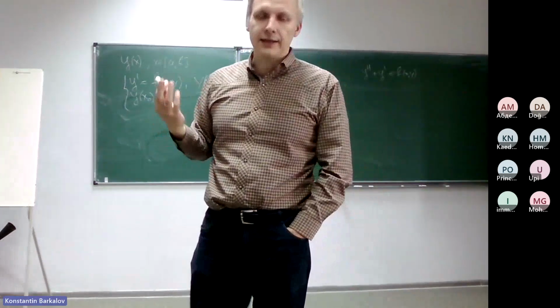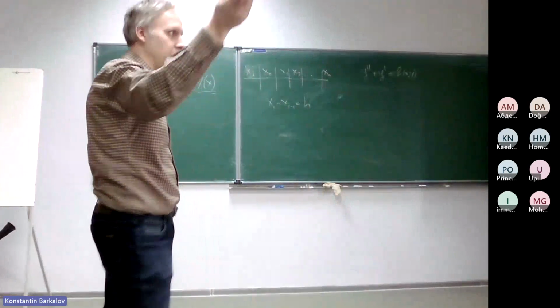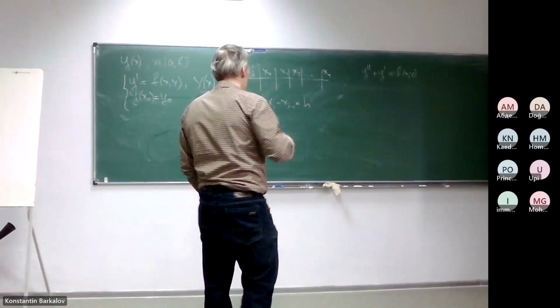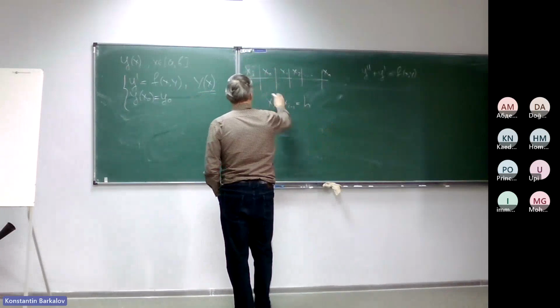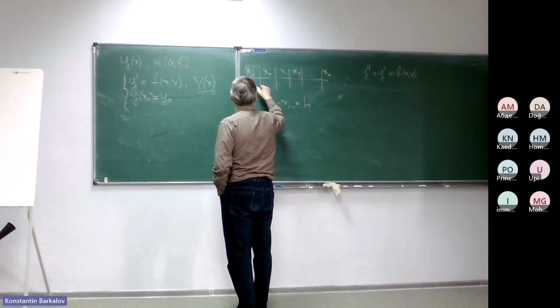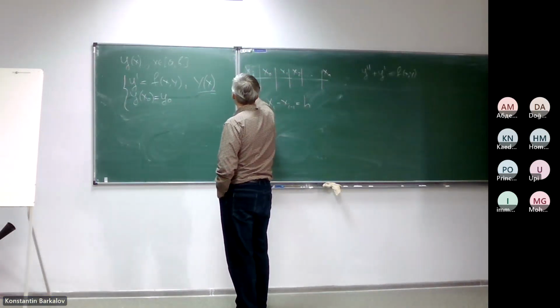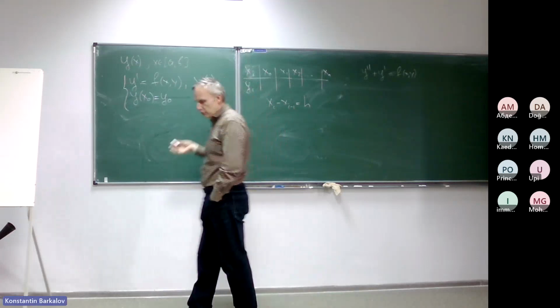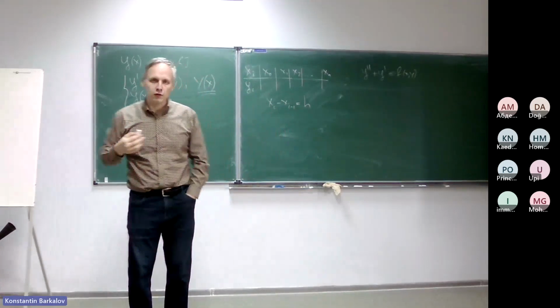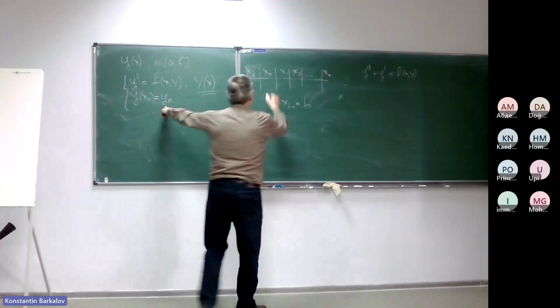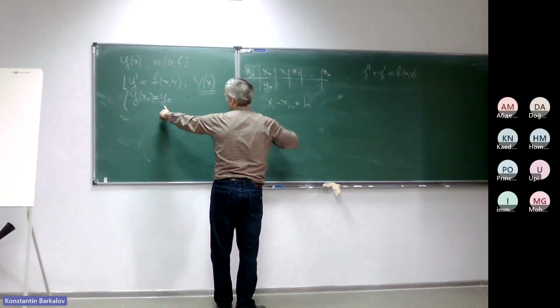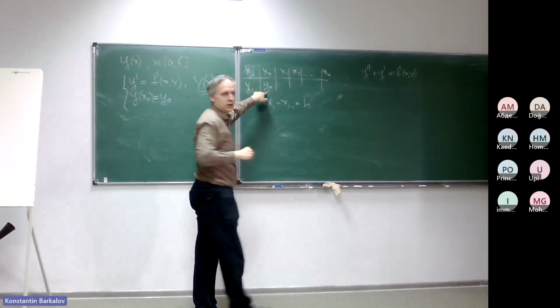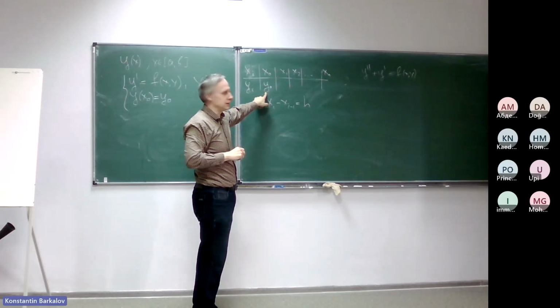The points on the x axis we can build exactly, but the yi we don't know. We know only y0, from the initial condition.